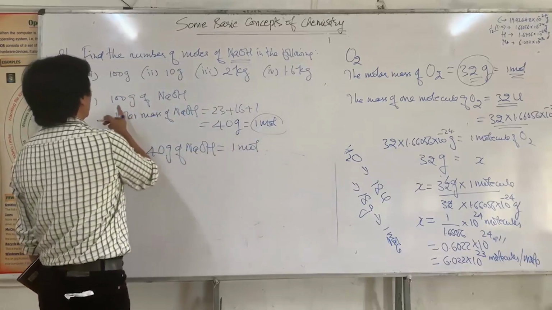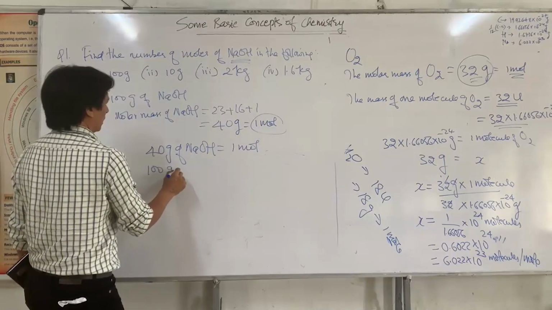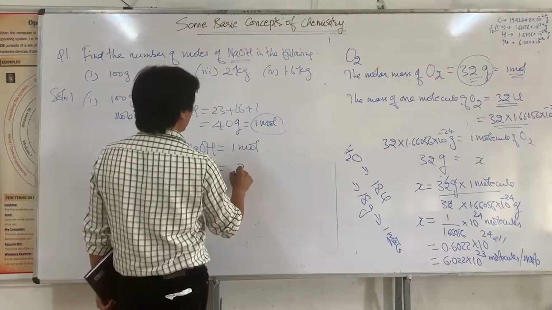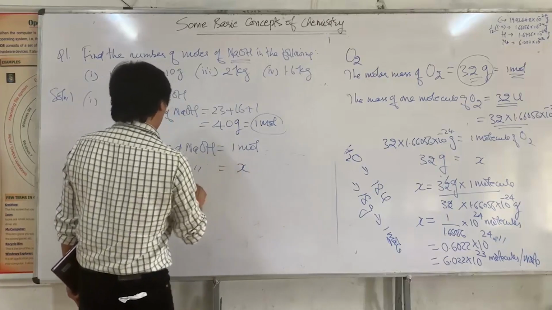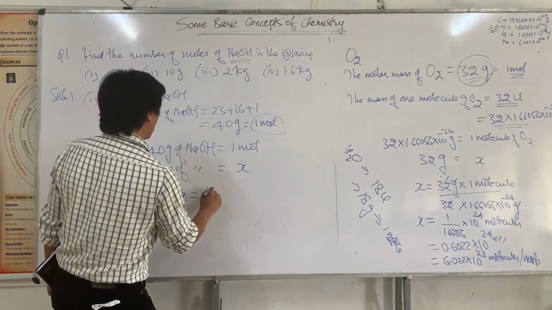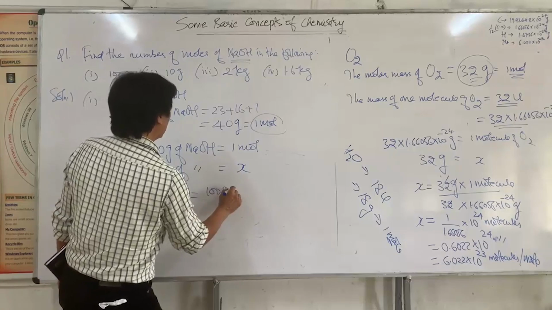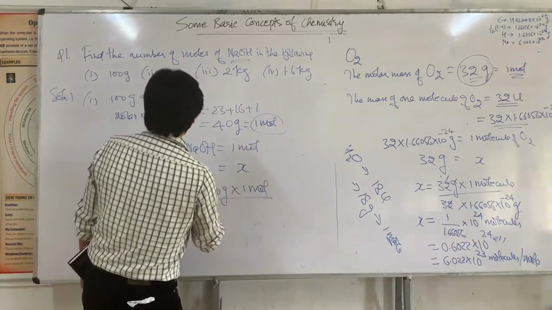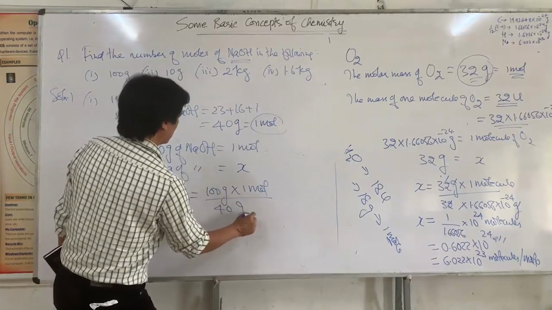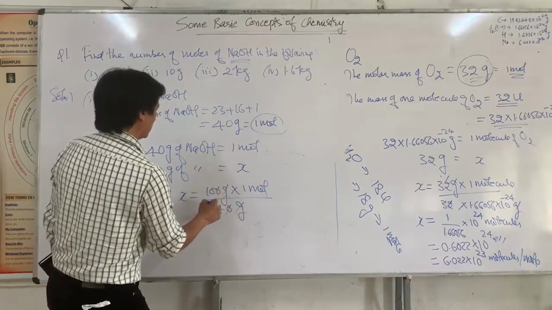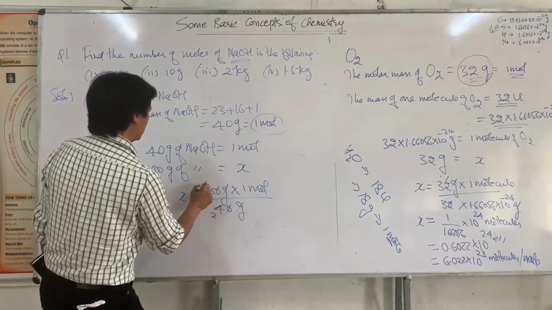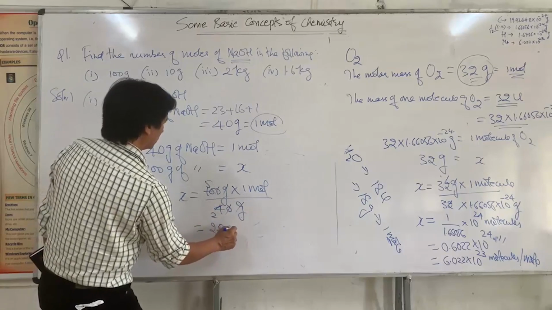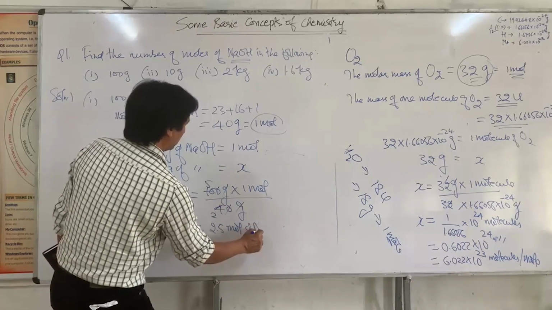Now 100 grams of sodium hydroxide is equal to how many moles? You put x here, cross multiply, and you get x equal to 100 grams into 1 mole, divided by 40 grams. Gram and gram get cancelled. And finally, 2 2s are 2 5s 10. This is equal to 5 by 2, which is 2.5 moles of NaOH.